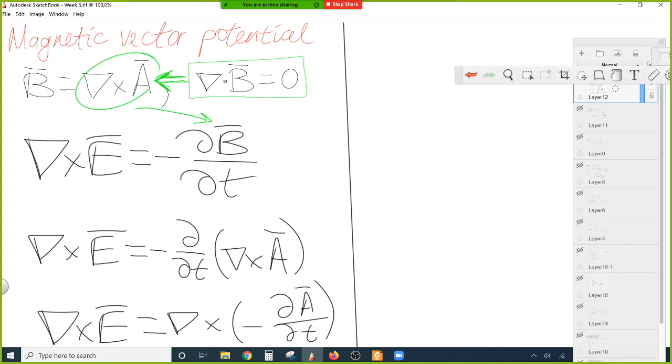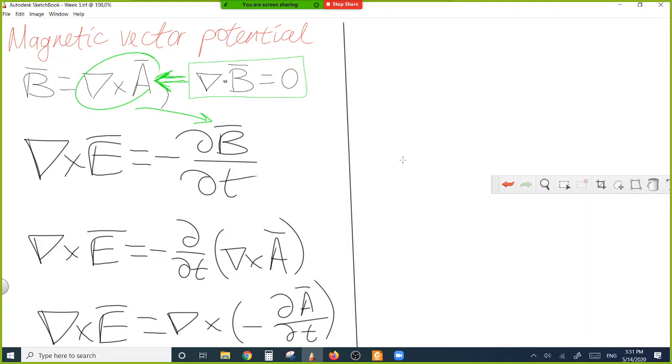Now, what do we have? If we move everything to the left hand side, we have the curl of electric field intensity E plus the curl of dA/dt, sorry, here should be cross product, of dA/dt will be 0.